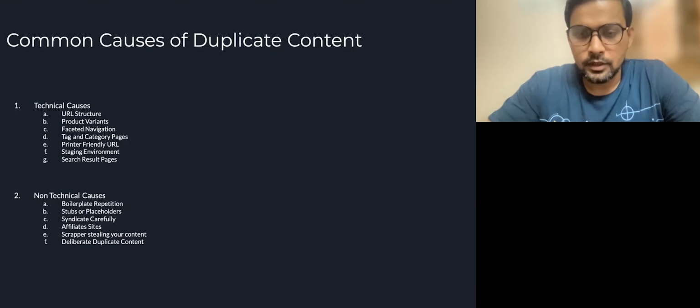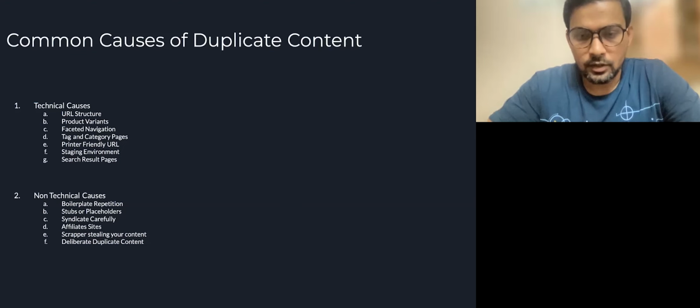Number three, syndicated content. We syndicate content to increase the reach and effectiveness of original content. However, when you publish content on another site, Google may pick its preferred version of the URL for a user query, which may or may not be your preferred version.